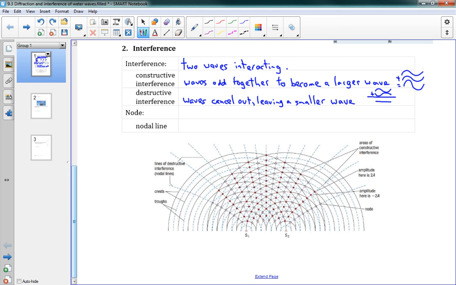And for this lesson, we're really focusing on the destructive interference. And what destructive interference can create are nodes. And a node is a point where the wave has zero displacement.